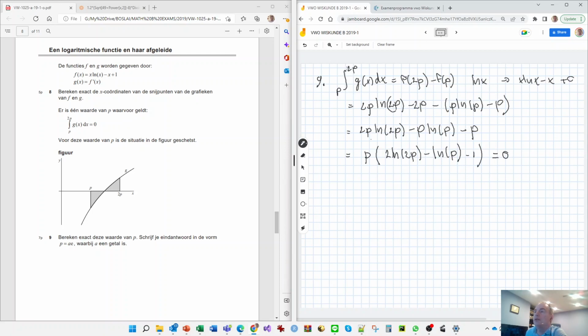So that means that p equal to 0 or that other thing is 0.